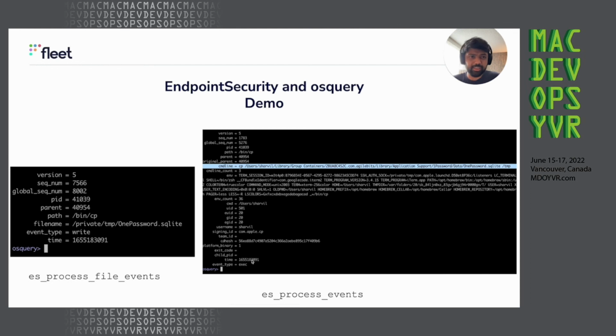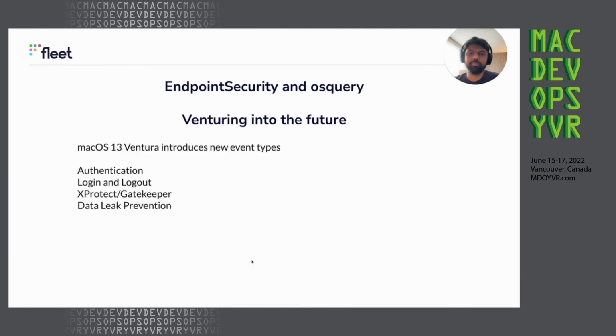But WWDC also happened last week, so let's take a very quick look at what that brings us. Excuse the pun here, but yeah, let's venture into more event types that got introduced. So we have new event types for authentication, login, logout, gatekeeper events, XProtect events, and data leak prevention events.